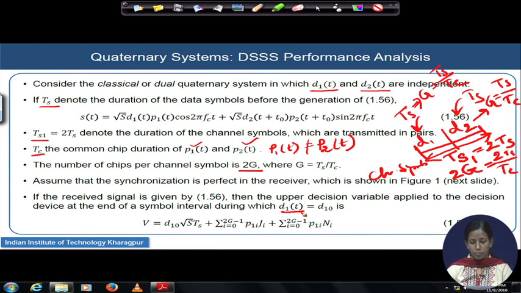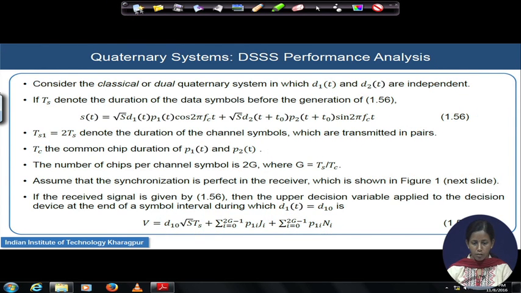Equation 1.56, once we receive it at the end of the symbol interval, a signal V will be generated, and V will be a combination of the intended signal, the interference contributed, and the portion contributed by the noise.